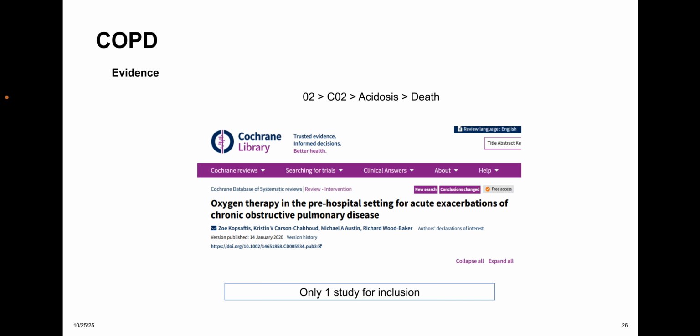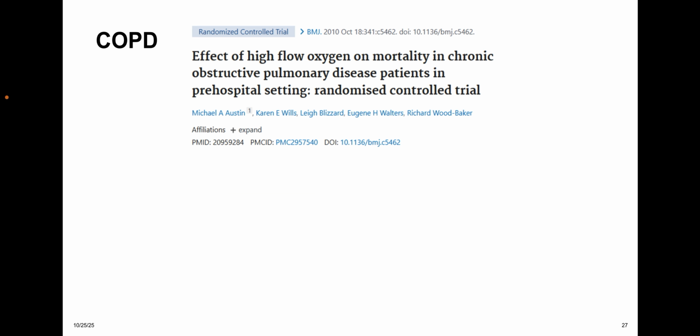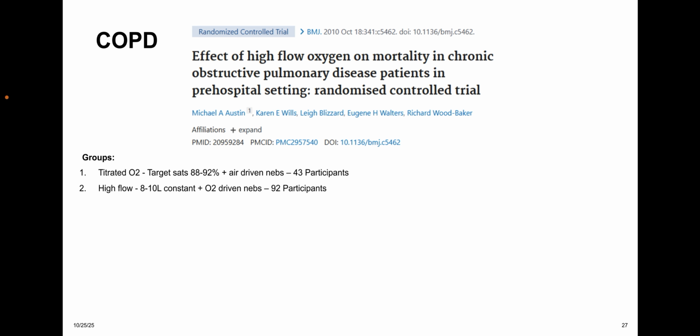They found only one study for inclusion, and that was this study. In this study, we had two groups of patients with COPD exacerbations. One of them was treated with targeted oxygen saturations between 88 to 92 with air-driven nebs. The second group was given continuous 8 to 10 litres of oxygen with oxygen-driven nebs.